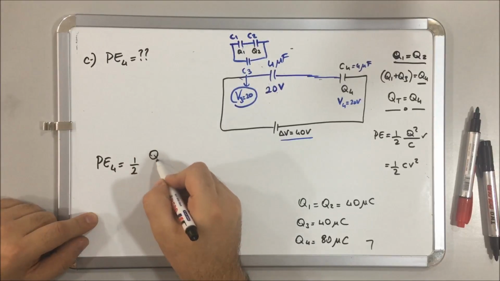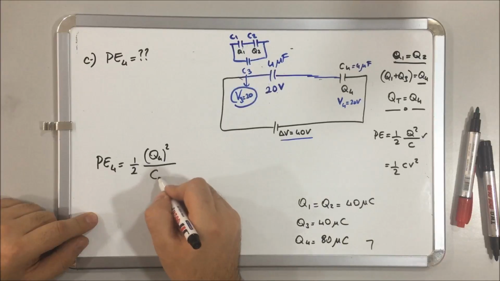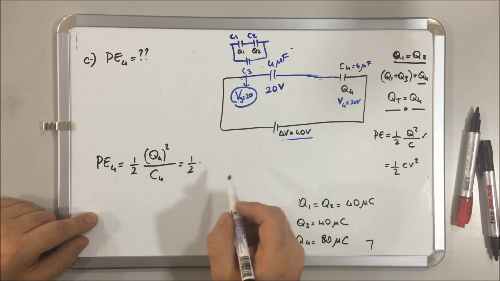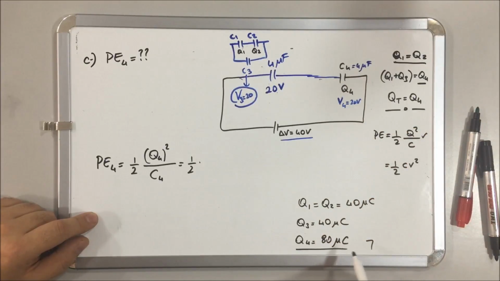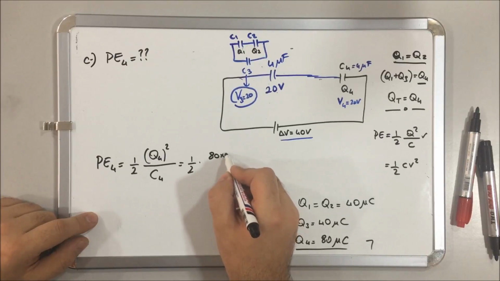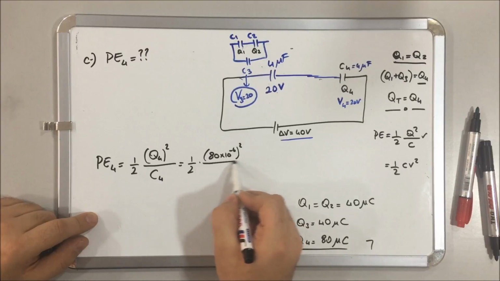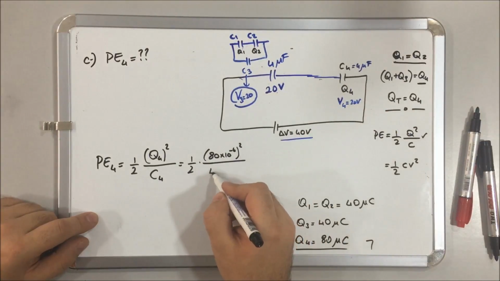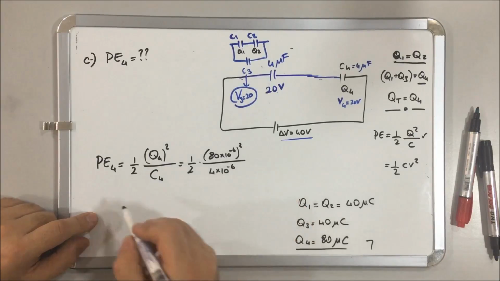Half Q4 squared over C4. So it will be half times Q4, there is 80 times 10 to the power of minus 6 squared over C4, which is equals to 4 times 10 to the power of minus 6.